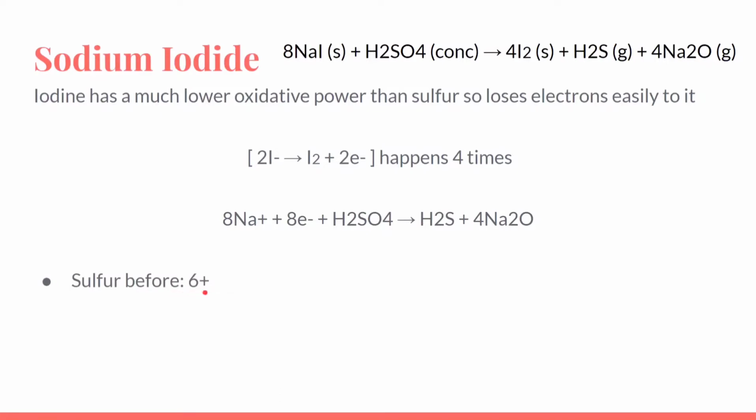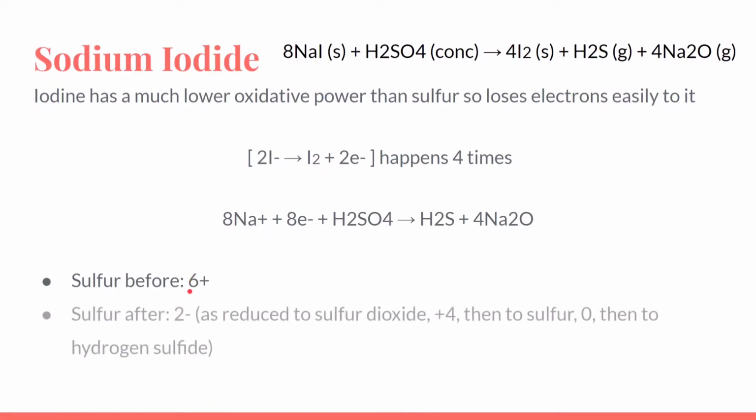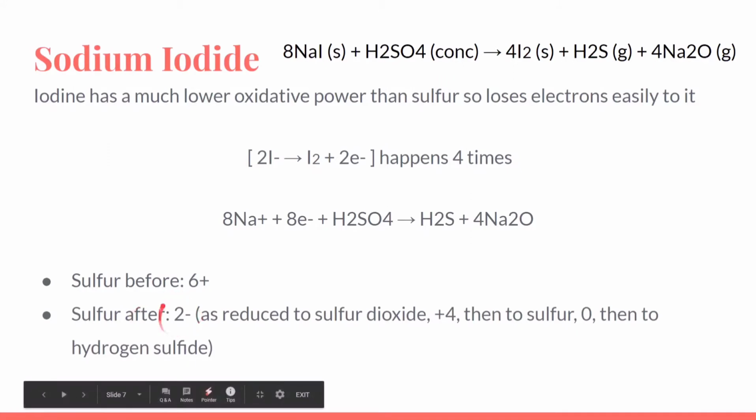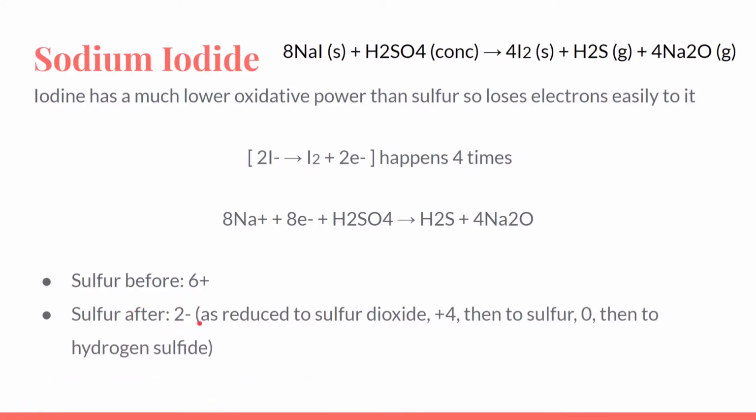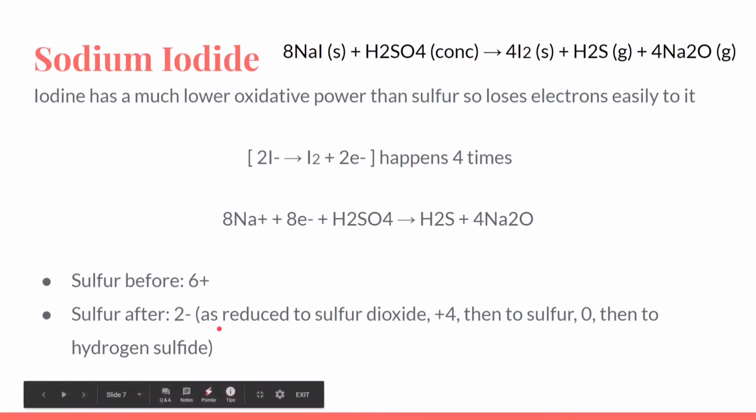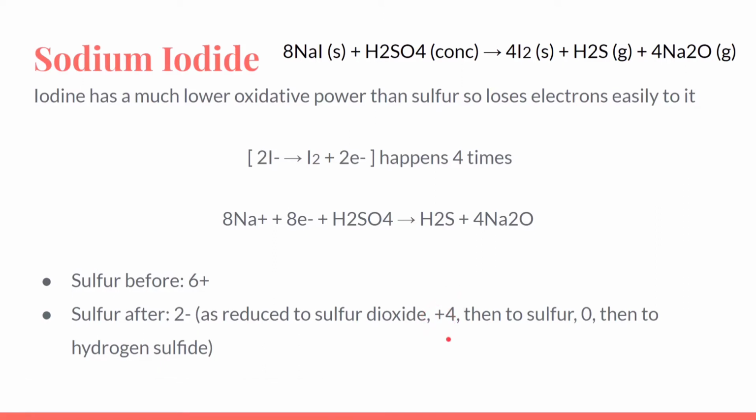And if we look at the oxidation state of sulfur again, you can see in the reactants, the sulfur has an oxidation state of +6, and afterwards the sulfur has an oxidation state of 2-. And this is because the sulfur is first reduced to sulfur dioxide, which has an oxidation state of +4, like we saw in sodium bromide.